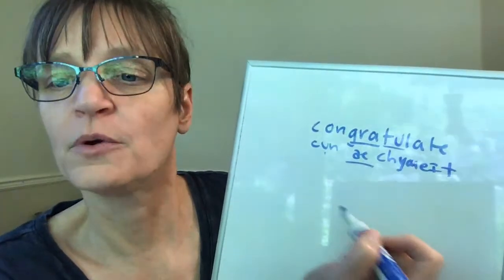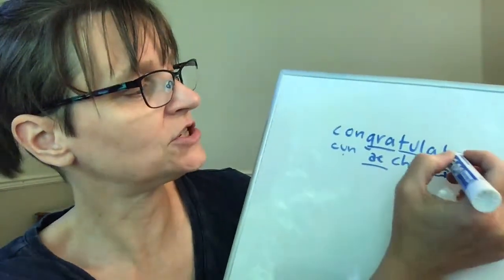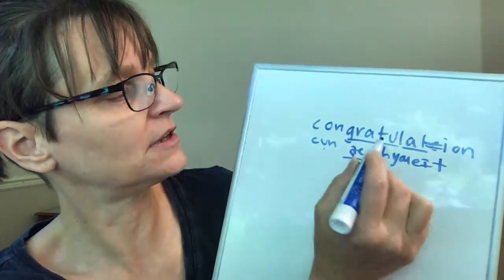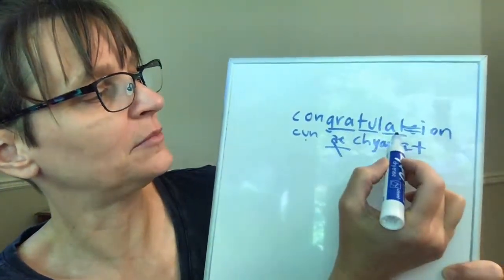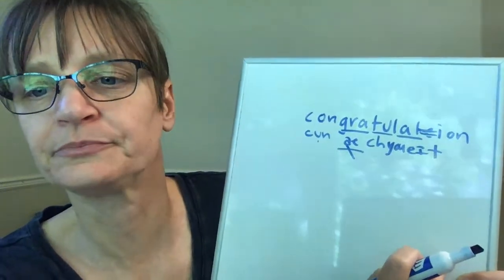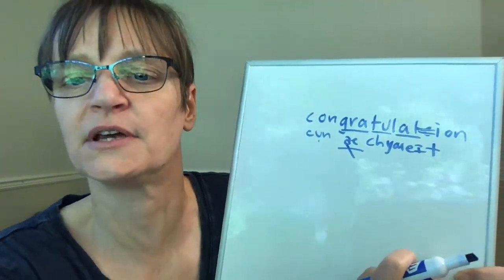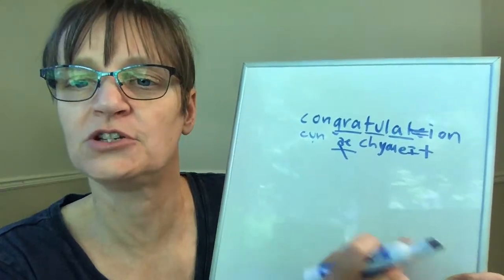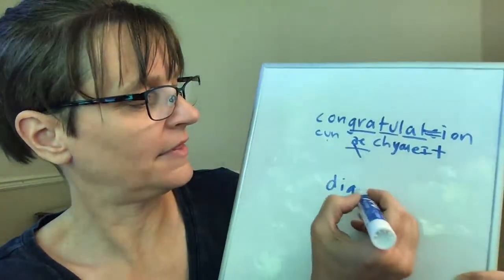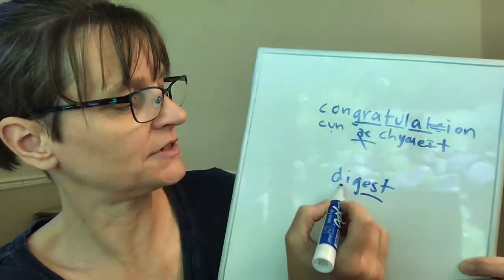And then your other word, congratulations, changes. So my stress comes off of the second syllable and moves to the lay. So congratulate, congratulations. And your other pair was digest and digestion. So in this case, same syllable stress, digest.